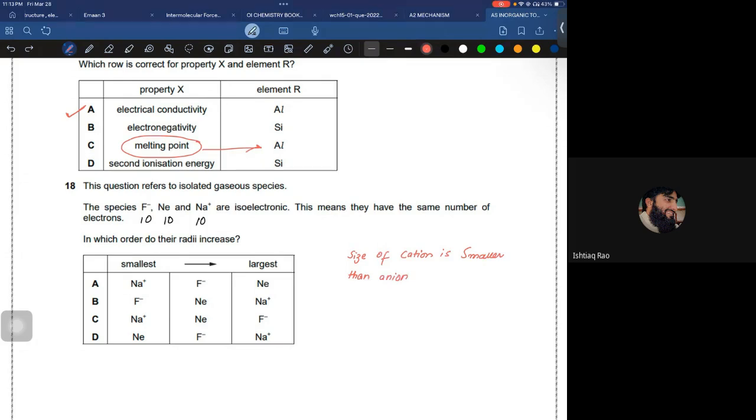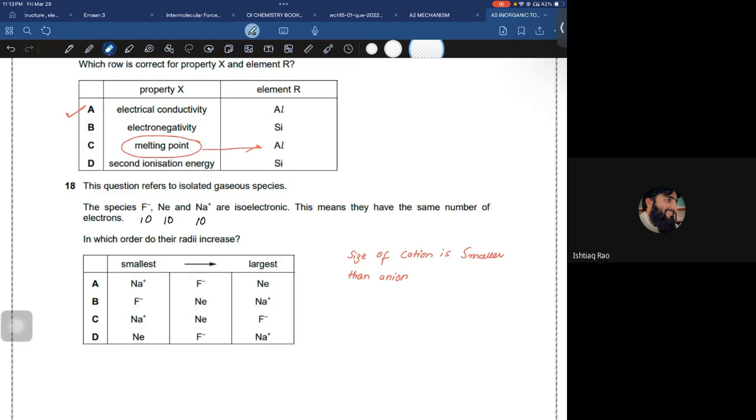So of course, option A or option C may be correct, because the smallest is the cation. Cation means positive ion. B and D are completely wrong. No need to check options B and D, it would waste your time.